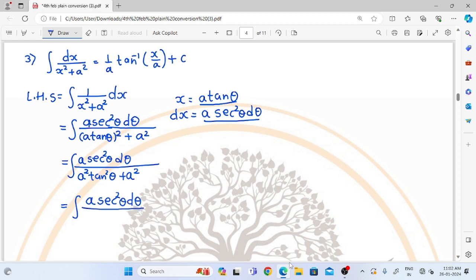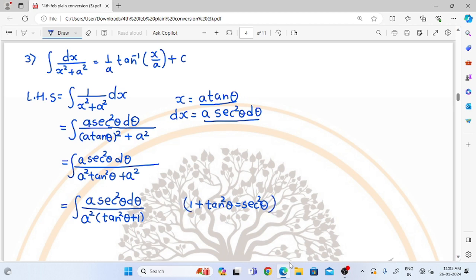Inside the bracket we get tan square theta plus 1. And we know the identity from the trigonometry chapter, 1 plus tan square theta is equal to sec square theta.